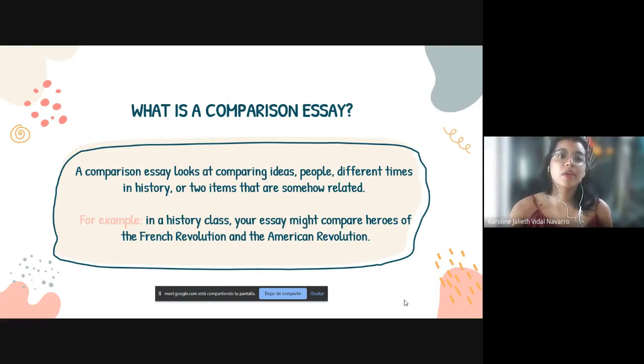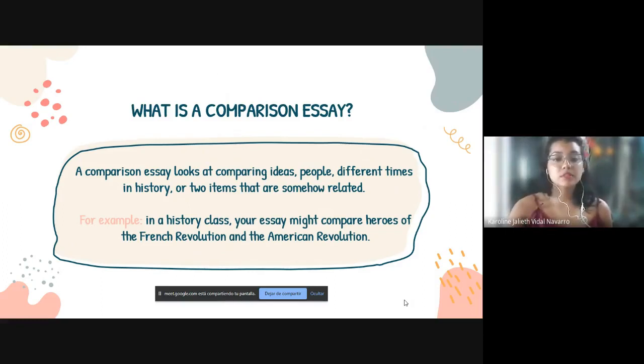For example, if your general topic addresses forms of urban transportation, you could choose to write a comparison essay on the car and the bicycle. Another example could be in a history class, your essay might compare heroes of the French Revolution and the American Revolution.